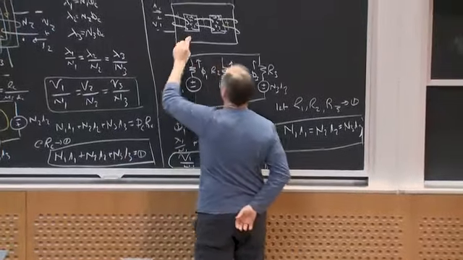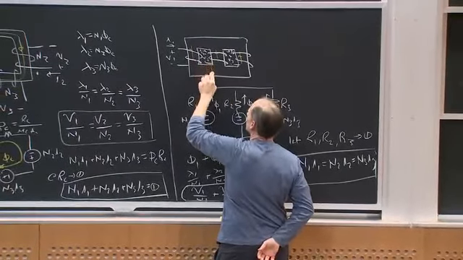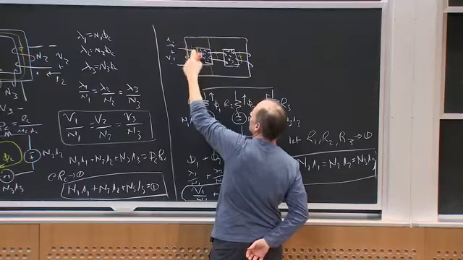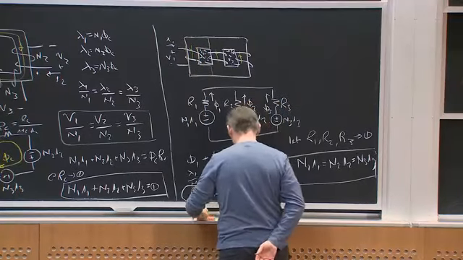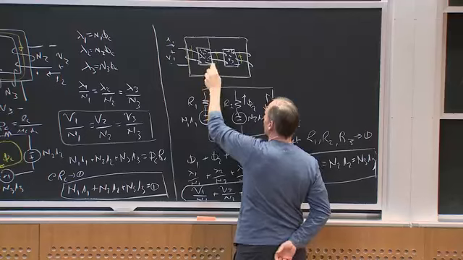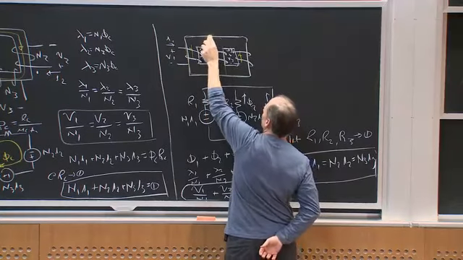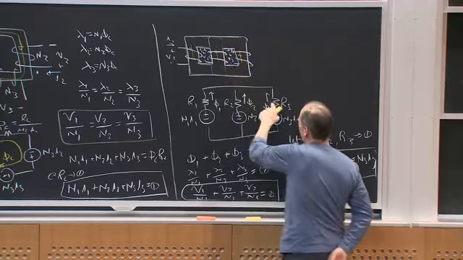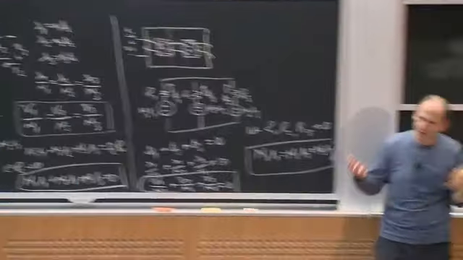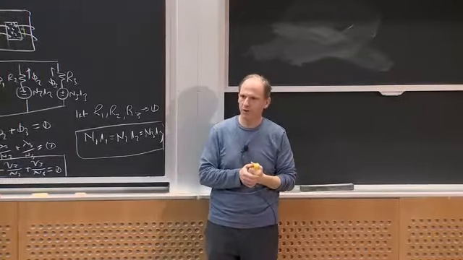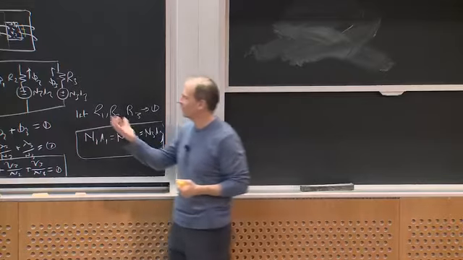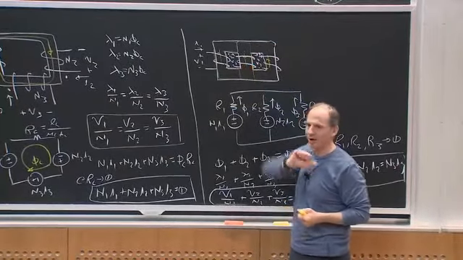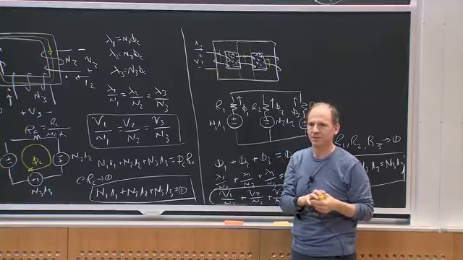I just said, okay, let me take this first section of the core and ascribe one reluctance that this winding's on, and let me ascribe a second section of the core, like here, that this is wound on, and then a third section of the core is over here, and that's the third reluctance. You could break it up a different way, but that's one way you could think about it. So I've got 3 windings and 3 flux pipes that are all going between the top and the bottom. Does that make sense?